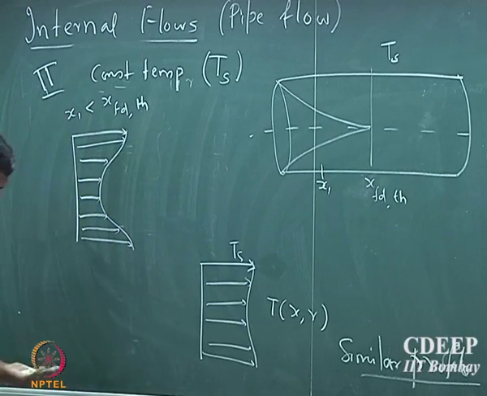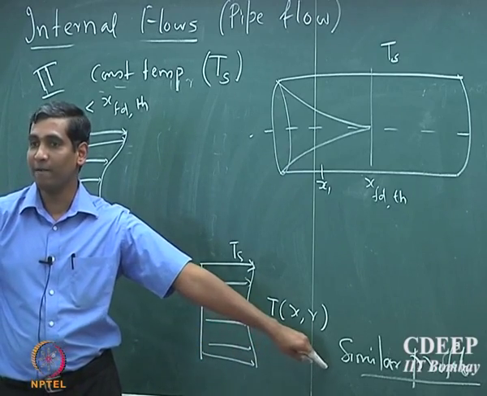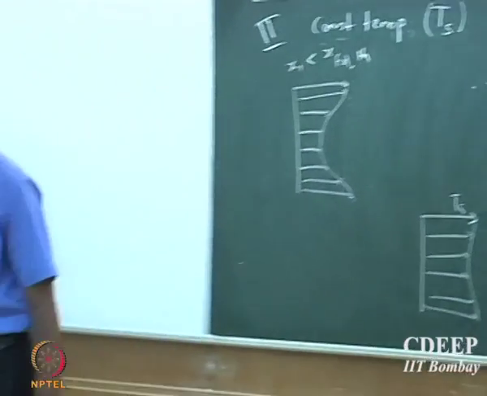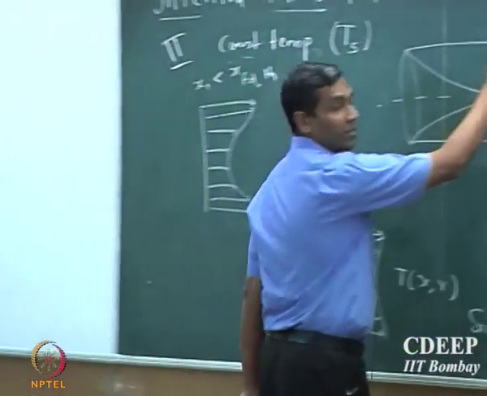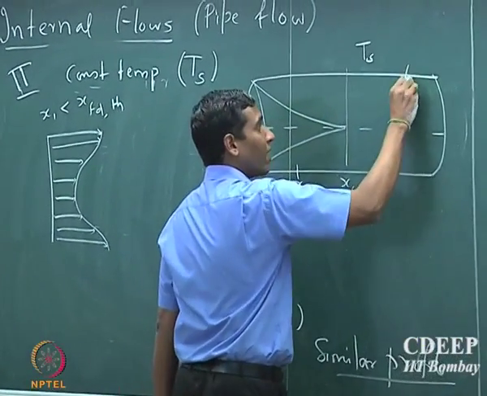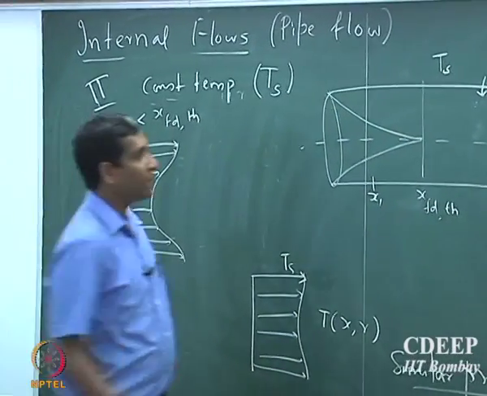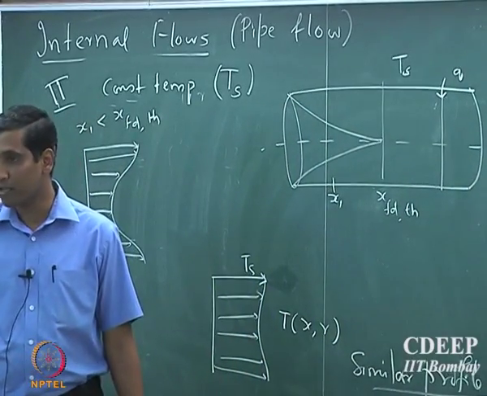So before we even understand what is a similar profile, we need to have a reference, right? Because even if you have constant temperature, you have a flux of heat transport, until the fluid temperature equilibrates, because of Newton's law of cooling.